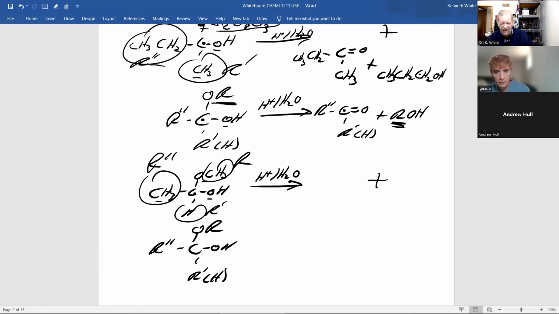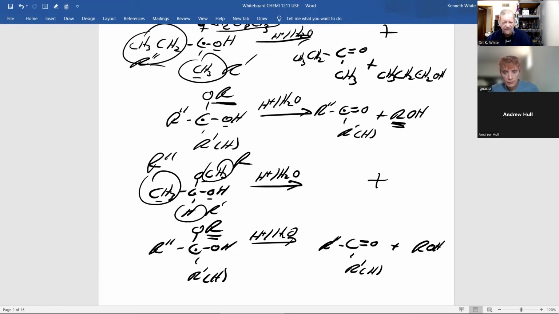And when you react that with acid, H plus, and water, keep your eye on this carbon. What's attached to it? R prime or hydrogen, and R double prime is still attached to it, and it'll be double bonded to oxygen. And the next thing, this R group will form this alcohol.